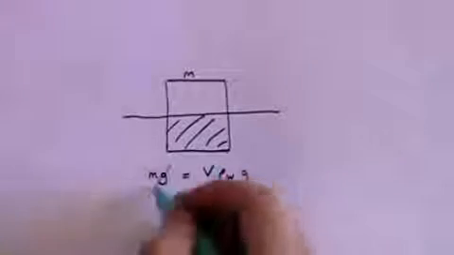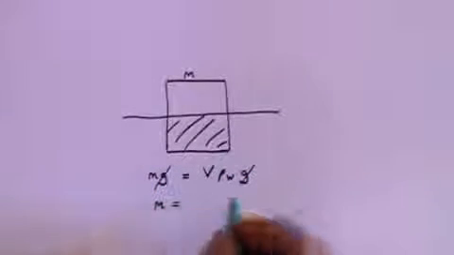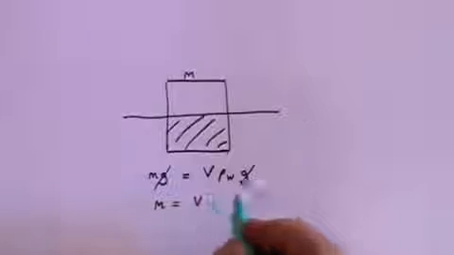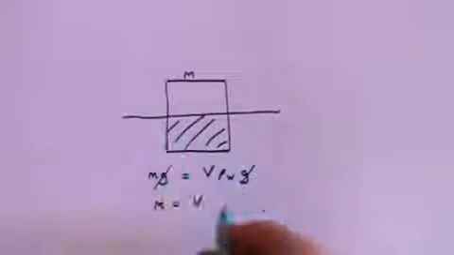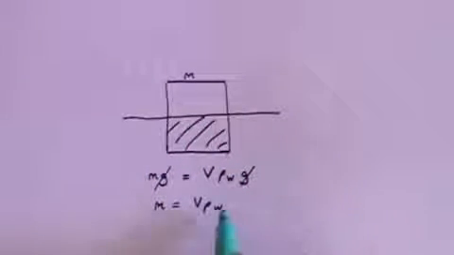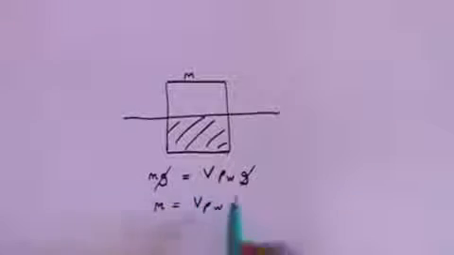Since the g's cancel, the mass of the iceberg is equal to the volume of water displaced times its density, which means that is the mass of the seawater displaced.